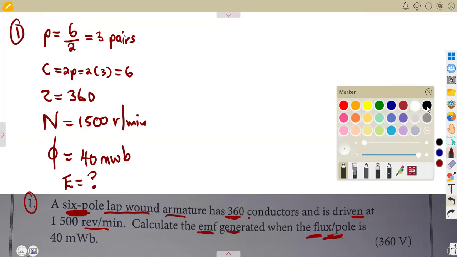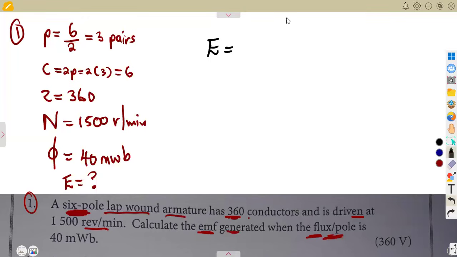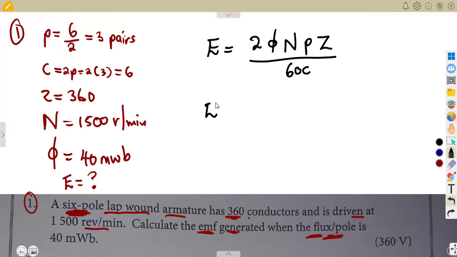So calculate the generated EMF. From the formula that we are given, the generated EMF is calculated from the product: 2 times the useful flux, the speed, the number of pair poles, the number of conductors, then over 60C. You can substitute in this formula. The EMF generated is 2 times the useful flux, 40 milliwebers, that is times 10 to the exponent of -3.